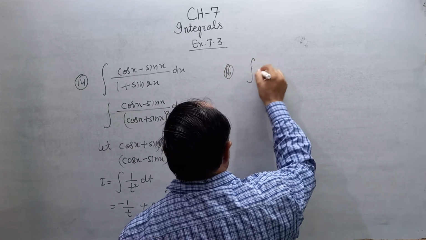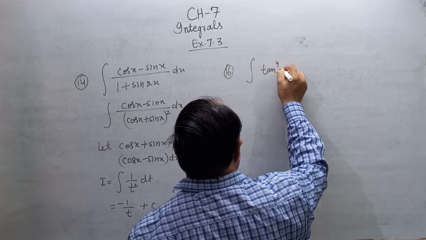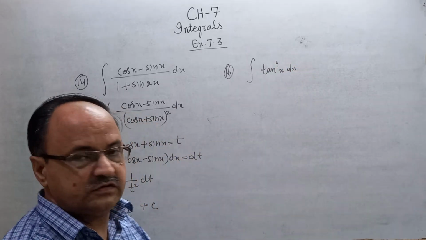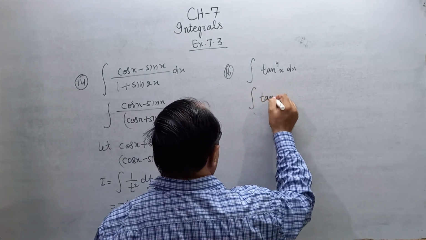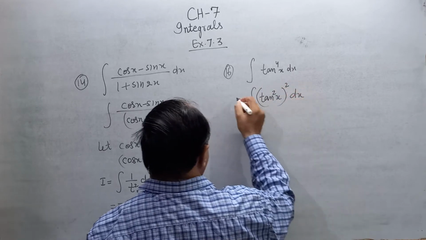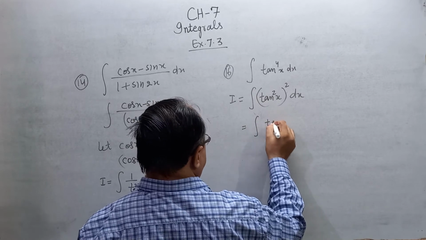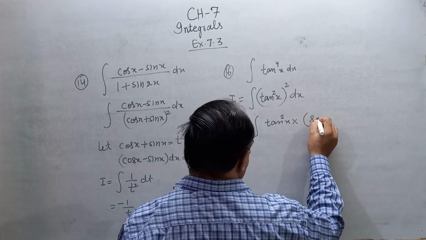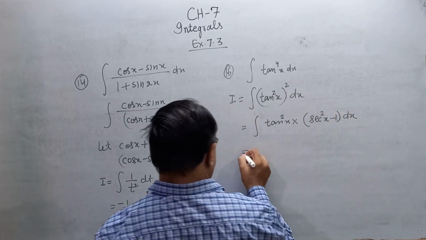Question number 16: integration of tan to the power 4 x dx. Tan to the power 4 you can write as (tan square x) whole square dx. Tan square x you can write 2 times, and one of them you can replace with the formula sec square x minus 1. Clear?